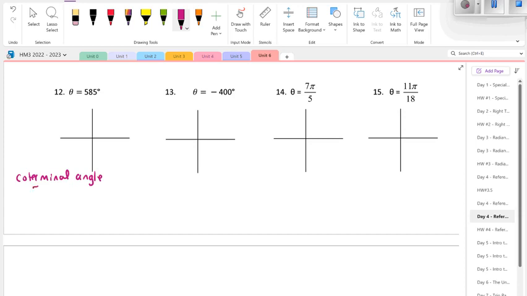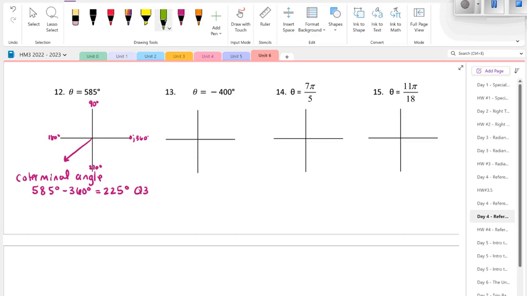So in this case, if we have 585 degrees and we subtract 360 degrees because it's over 360, we get 225 degrees. So we know that 225 degrees is in quadrant 3, again, because we know this is 90 degrees, 180 degrees, 270, and all the way around would be 360 degrees. So 225 would be right here in the middle.